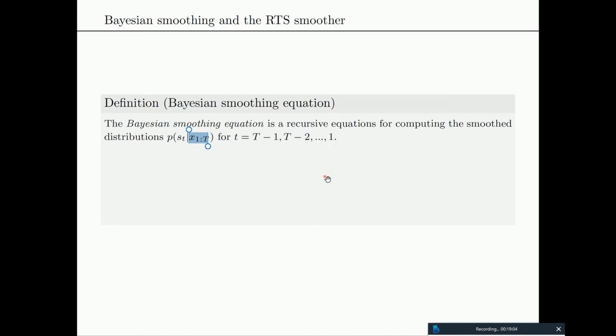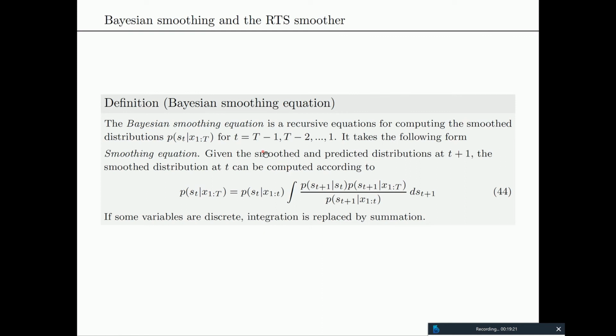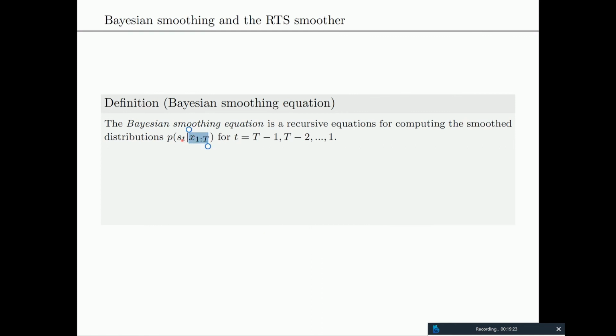Smoothing works in a backward recursive fashion, based on the filter distributions. So if you want to do smoothing in addition to filtering, you first have to filter, and be able to initialize your algorithm based on s_T given x_1 to T, and then move backwards.